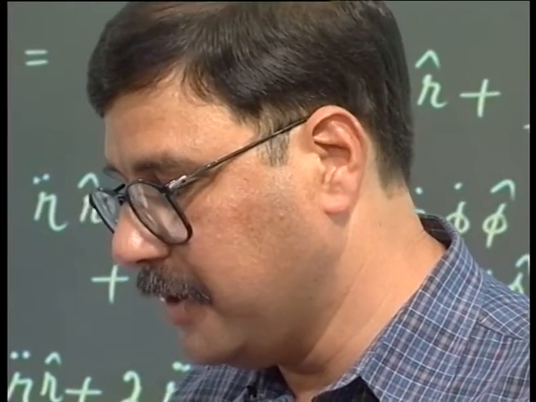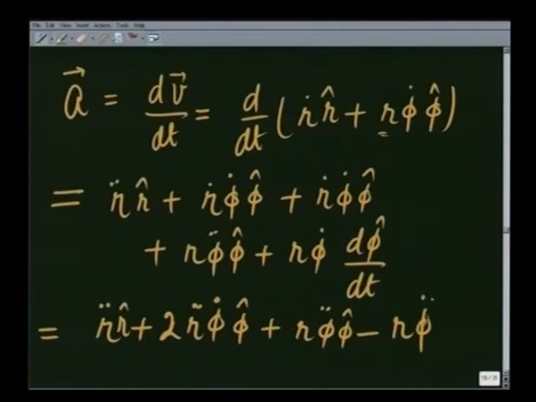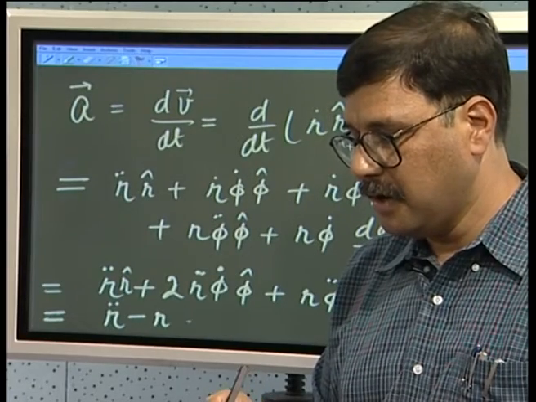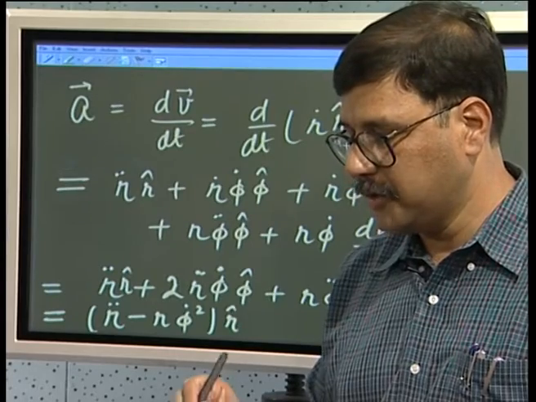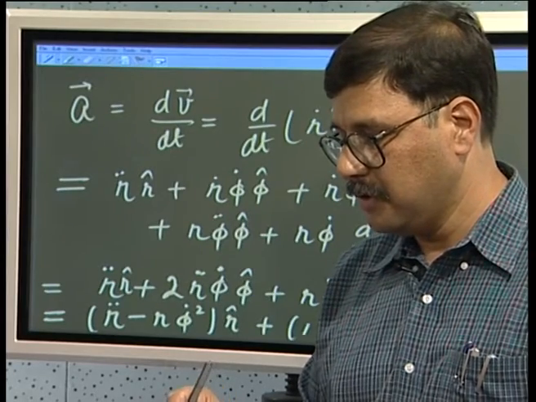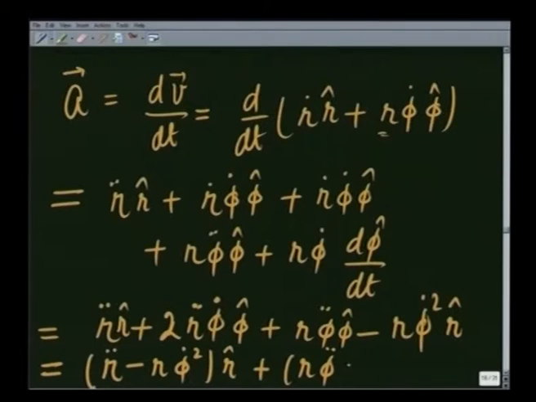So, this becomes minus r phi dot square in r direction, which therefore can be written as r double dot minus r phi dot square in r direction plus r phi double dot plus 2 r dot phi dot in phi direction. Let me rewrite it for you.